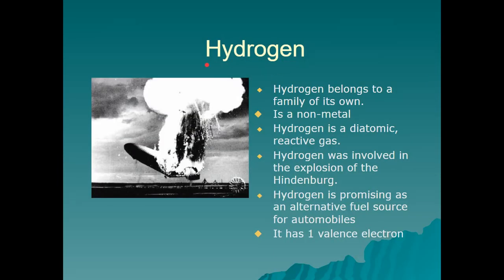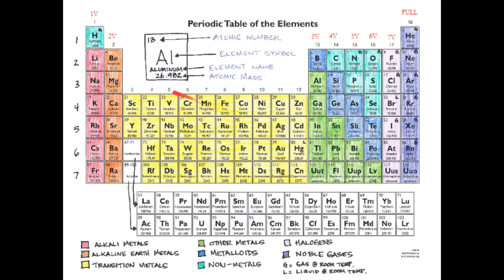Now let's just quickly talk about hydrogen a little bit more. So hydrogen belongs to its own family, although you'll see it kind of fit into a few categories there. It fits into group 1. Okay. It also is a gas.